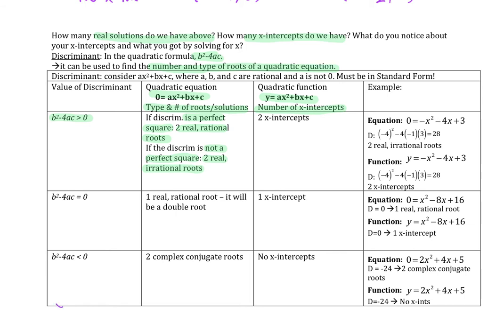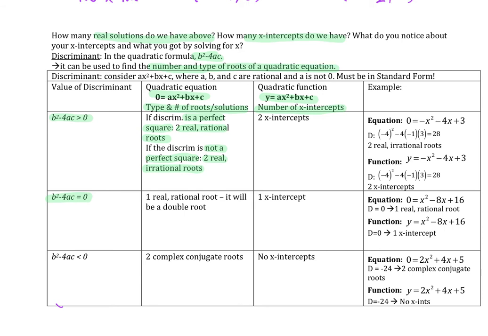The next one, if this is exactly equal to 0, we're going to end up with 1 real rational root, and it will be a double root. But for x-intercepts, it just is 1 x-intercept.